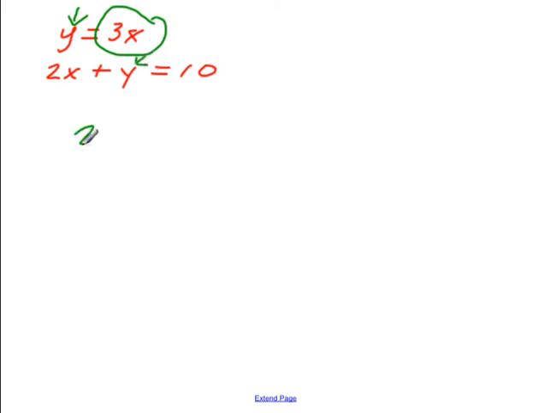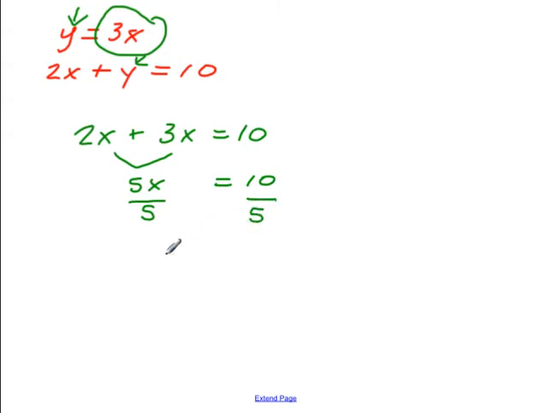So when I rewrite it, I'm going to end up with 2x plus 3x equals 10. Now I'm going to combine my like terms. 2x plus 3x equals 5x equals 10. And then I'm going to solve for x by dividing both sides by 5. And I get x equals 2.